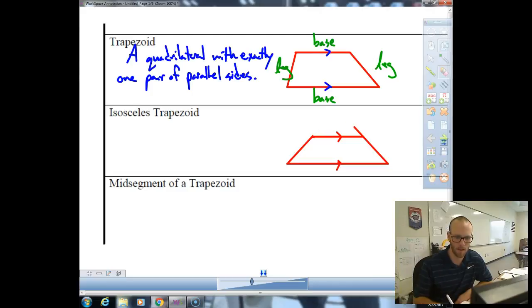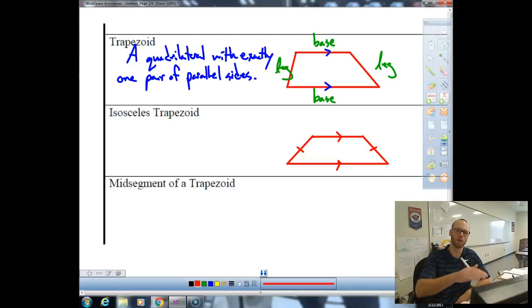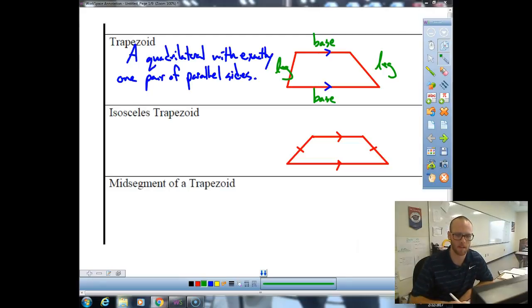Now, in the isosceles triangle, we know those full legs, those full lengths were congruent. In the isosceles trapezoid, we know that these are congruent. So you can see it looks like an isosceles triangle, but the top is just sliced off. You could say it's a truncated isosceles triangle. So this leg is congruent to that leg.